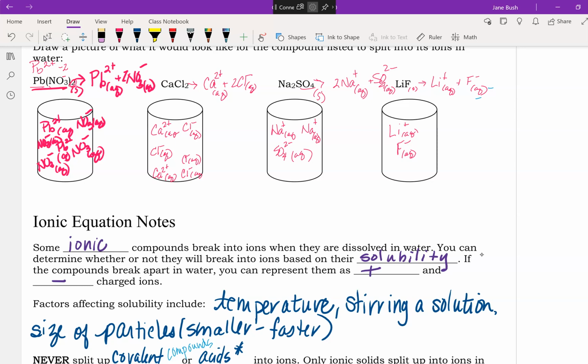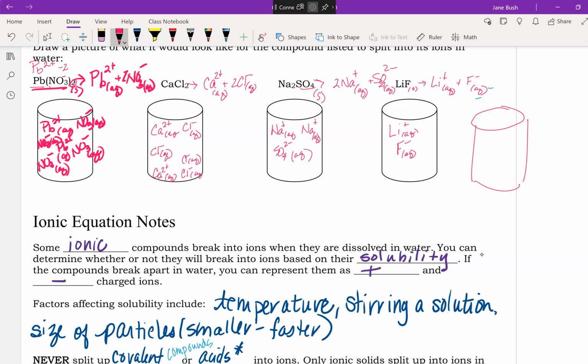So if you had something that was insoluble, trying to think of an example we've used. No, because that's a covalent compound. We're going to talk about that in a second.